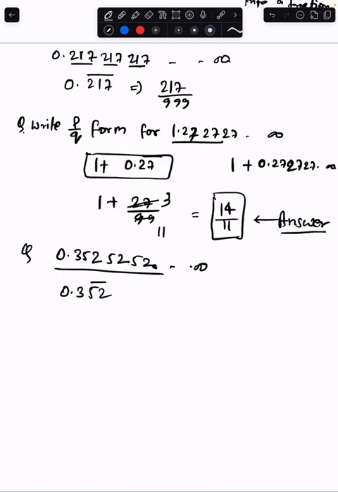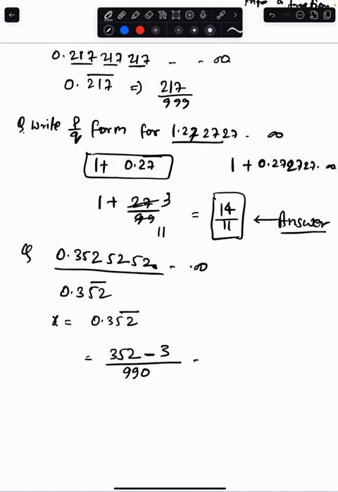Now how do we convert this into a fraction? Let x equal 0.352 bar. To convert this, we will do 352 minus 3, the digit which has no bar. After that, there are 2 digits which have a bar, so we put 99, and 1 digit where we don't have a bar, so we put 0.